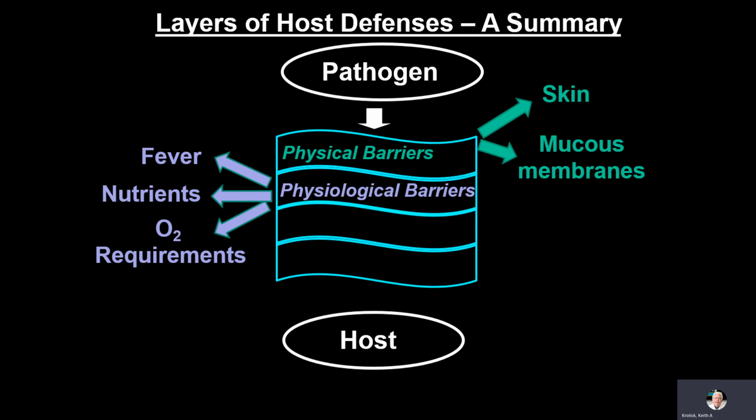The second physiological barrier to infection has to do with nutrient supply. There are a couple of different ways that nutrients can influence the course of an infection and the survival of an infectious microorganism. First of all, there are certain nutrients that certain pathogens require in order to grow at all. It's interesting that quite a few pathogens require a really solid supply of iron, for instance.